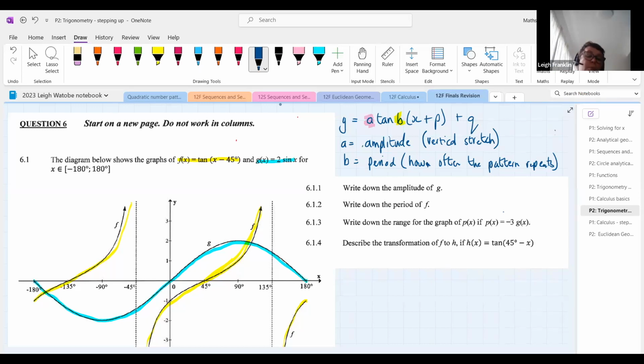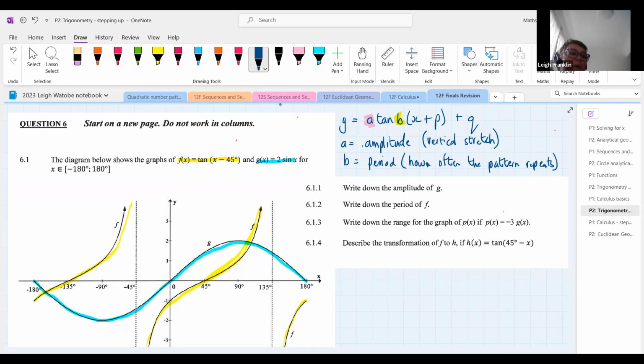So for example, in a sine graph, if I had the graph of y equals sine 2x, the 2 represents how often the pattern is repeating itself in 360 degrees. Normally a sine graph would repeat itself once every 360 degrees.